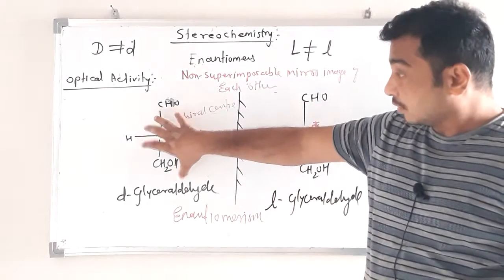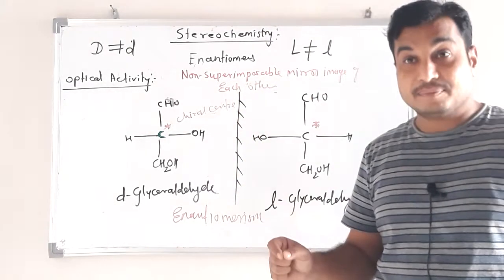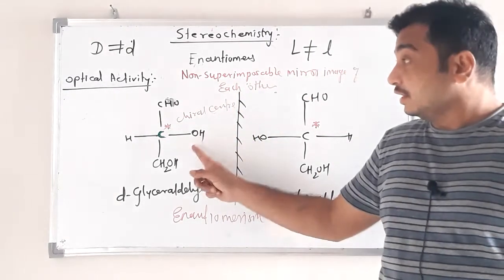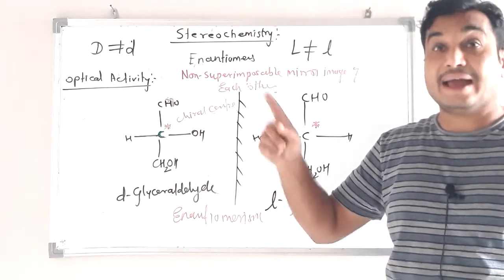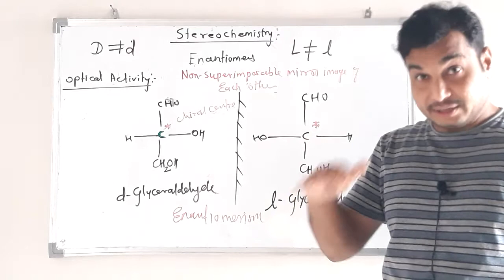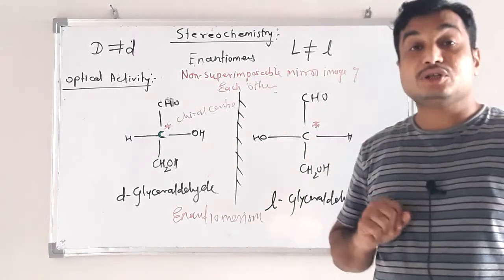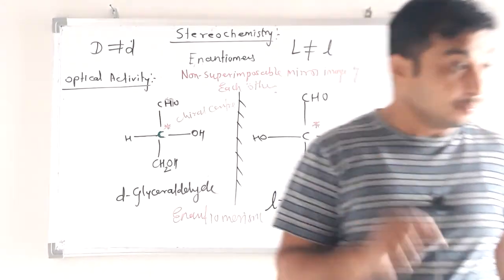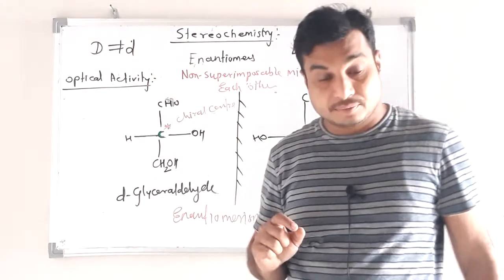If this compound has a chiral center or chiral carbon atom, then it is said to be optically active. But one condition is there: the compound must be absent of some symmetric operations.